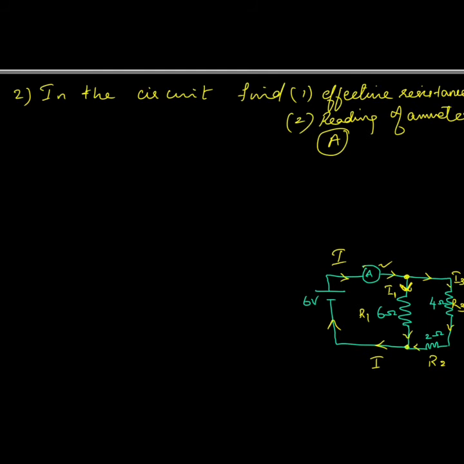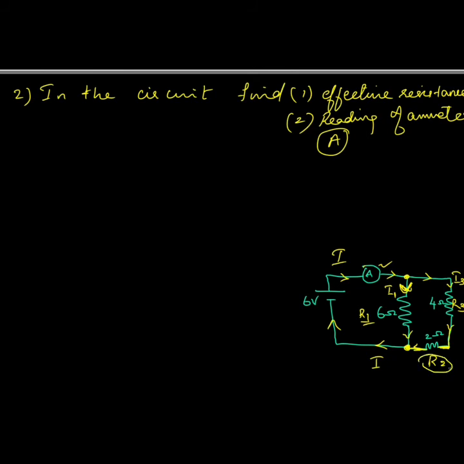You can see that I3 is flowing through R3 and R2, and it is coming here. So I1 is the current passing through R1, and I3, the current passing through R3, is the same as that passing through R2.